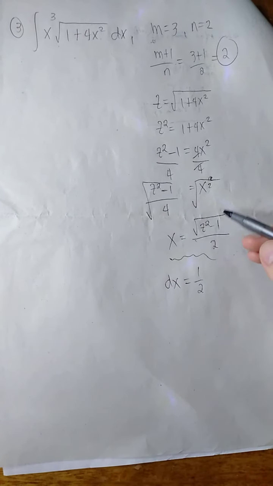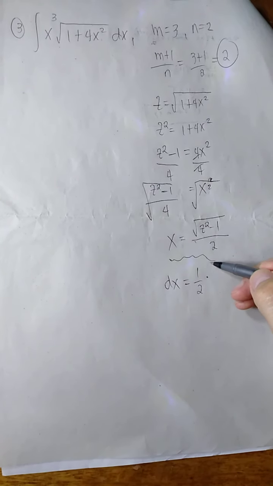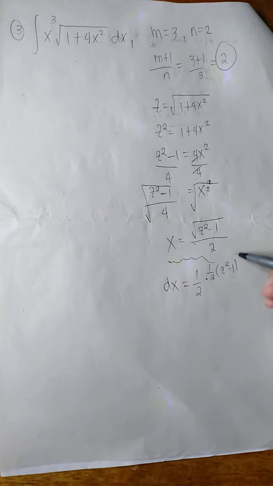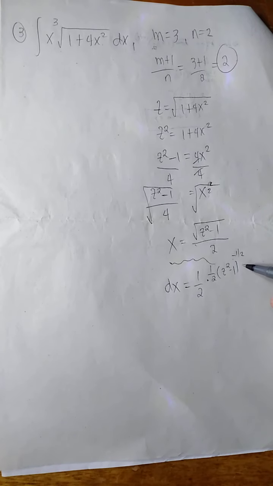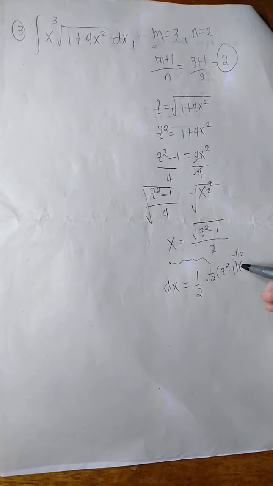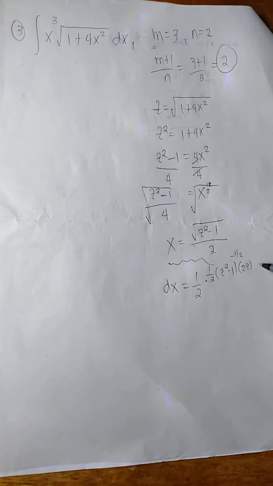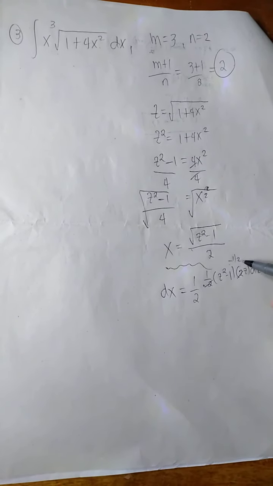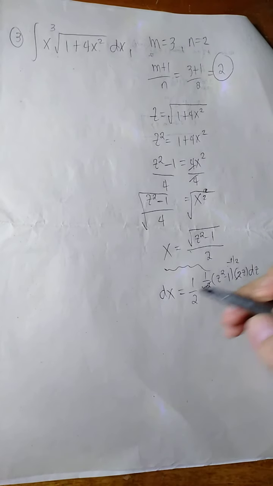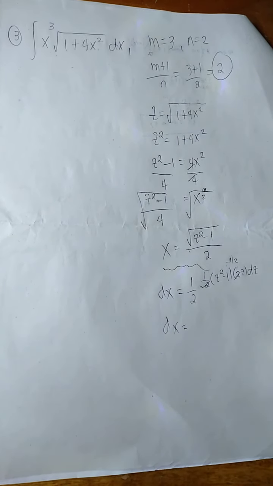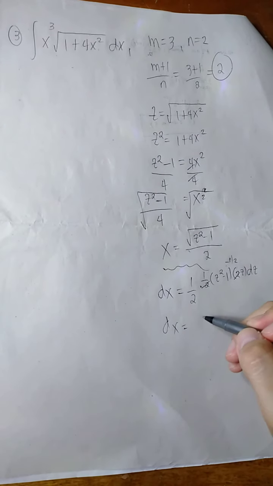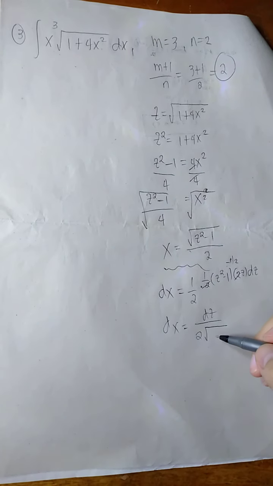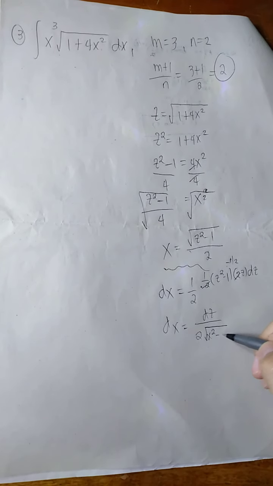So using power formula, times 1/2 z squared minus 1, then 1/2 minus 1 negative 1/2, times, chain rule, derivative of z squared minus 1, 2z, and derivative of z is dz. Then cancel out na yung 2. So magiging dx is equals to, para maging positive to, ibababa nyo lang, dz over 2 square root of z squared minus 1. So yun na.